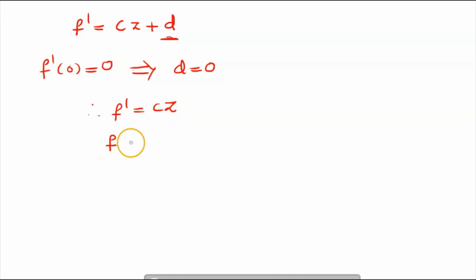Now integrating, f is equal to C times z²/2 plus an integrating constant, let's say C1.